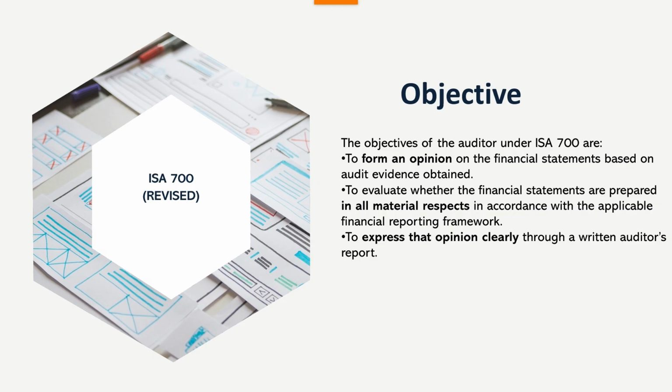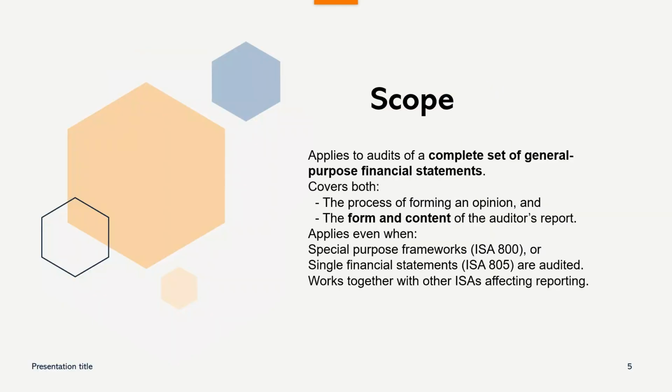Secondly, the auditor must evaluate whether the financial statements are prepared, in all material respects, in accordance with the applicable financial reporting framework. And third, the auditor must express the opinion clearly through a written audit report. So remember, ISA 700 is not just about giving an opinion, it is about how the opinion is written and communicated. Now let's move forward towards our scope.